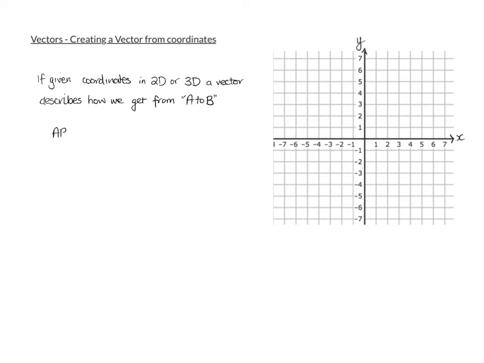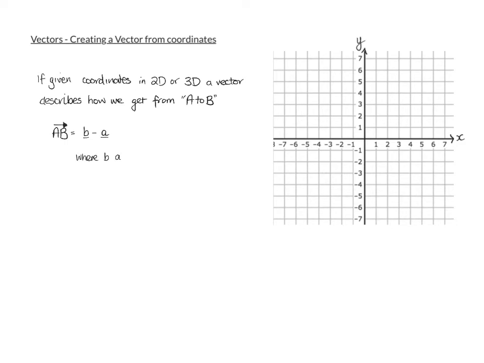Okay, so we write our vector as AB with an arrow on the top because the arrow is going from the A to the B. So that's saying it's the vector from A to B. And we work it out by doing B take away A. So we should note here how it's AB and then it's BA.